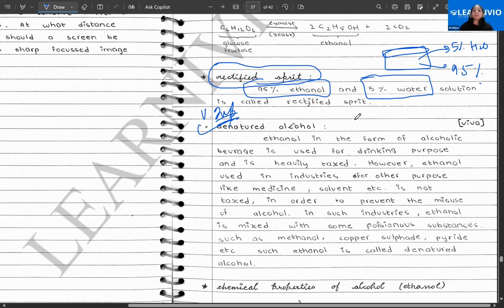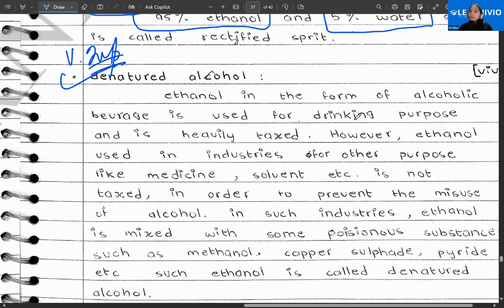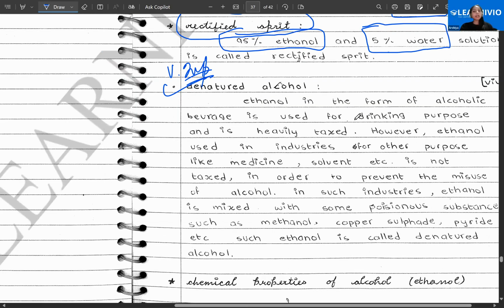Now, the next thing is denatured alcohol. It's pretty easy. Let me explain it. Alcohol consumption is very high in terms of beverages. Ethanol is used for drinking purposes, for beverages.